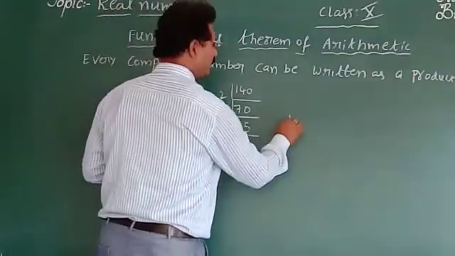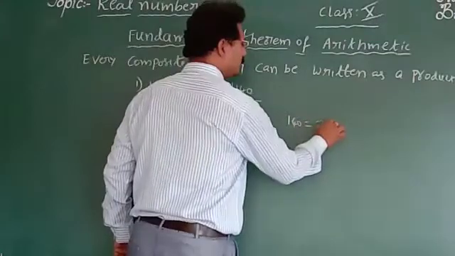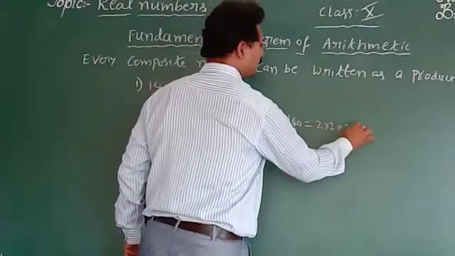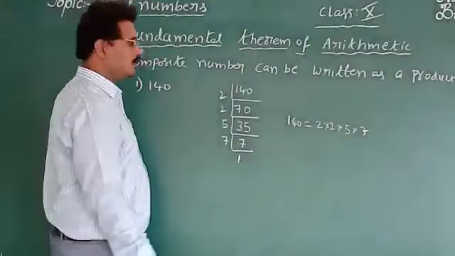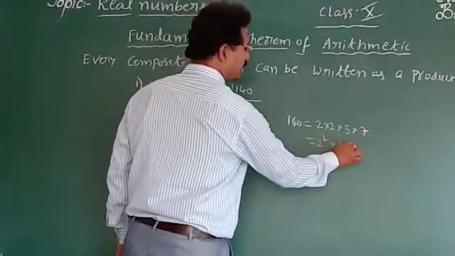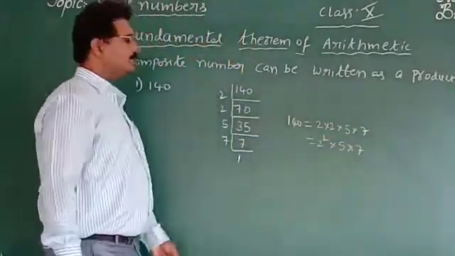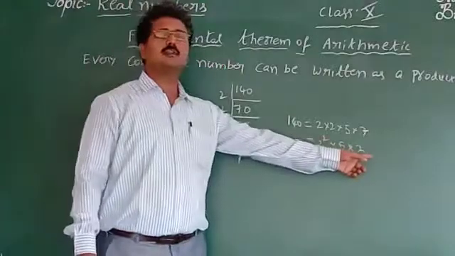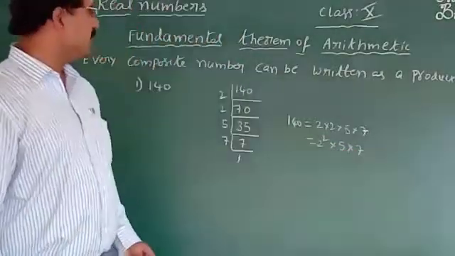So 140 is equal to 2 into 2 into 5 into 7. So 2 into 2 is 2 square, into 5 into 7. Therefore, 140 can be written as 2 square into 5 into 7. So this is the way to write a product of prime factors.